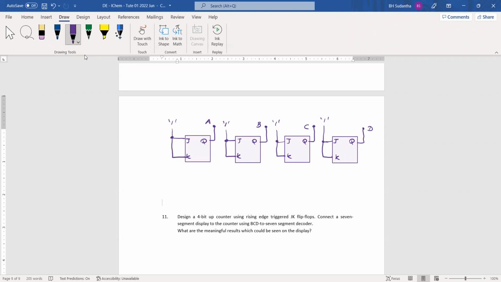Then we have to use rising edge triggered flip-flops. And this is the clock input.